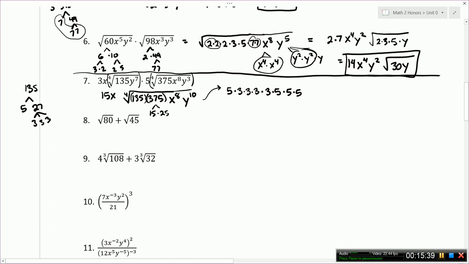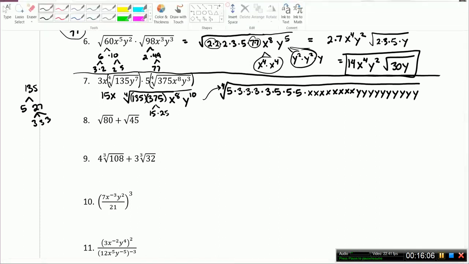We have 8 x's. And 10 y's. And we're taking the fourth root of all of that. And we still have the 15x out in front.